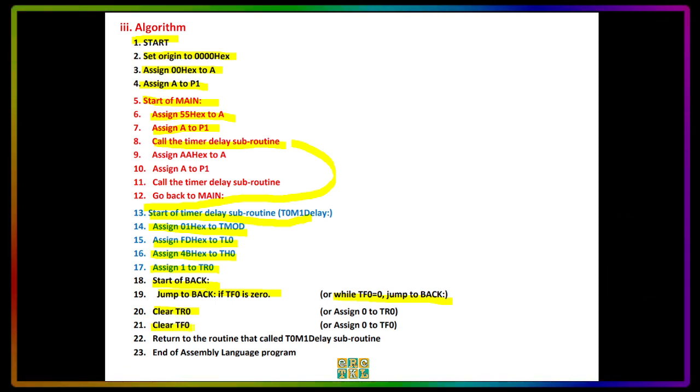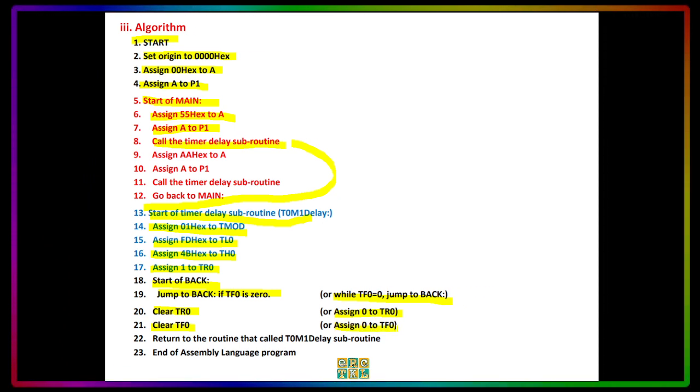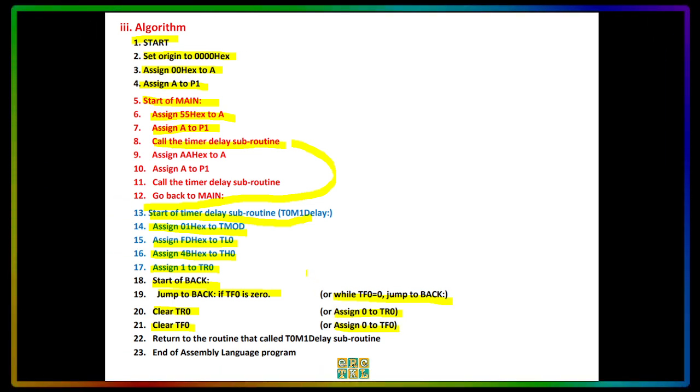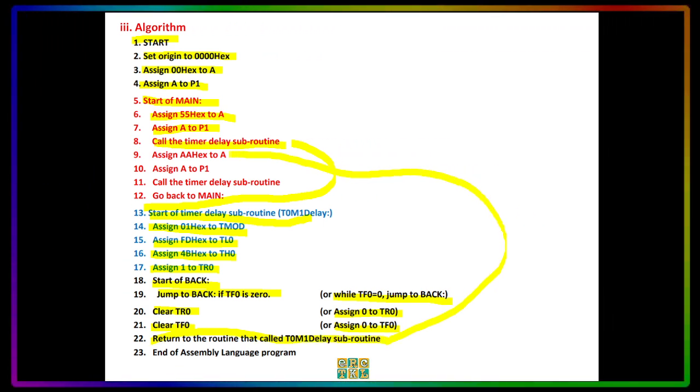So we put here clear TF0. This is the same as saying assign 0 to TR0 or TR0 equals 0, or assign 0 to TF0. Take note that we always use 0 because we are talking about timer 0. And then after that, we will return to the routine that called the timer 0 delay subroutine, and that is over here on this part.